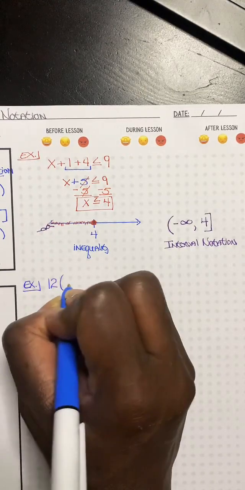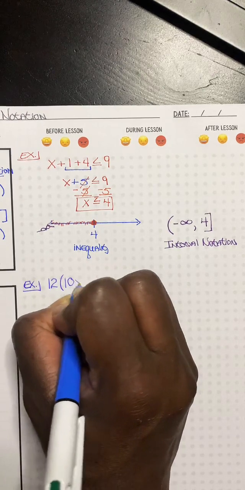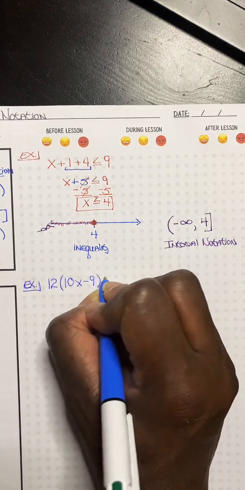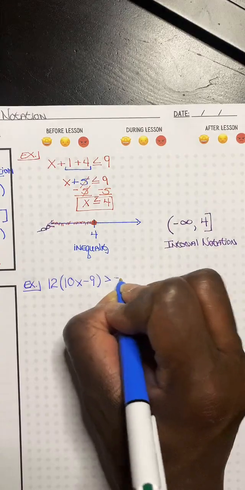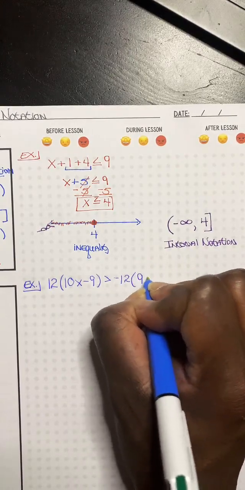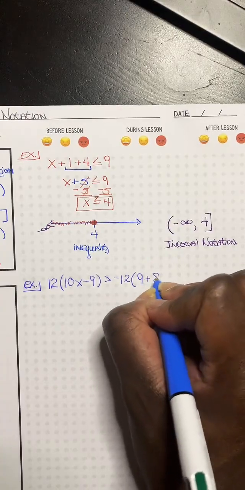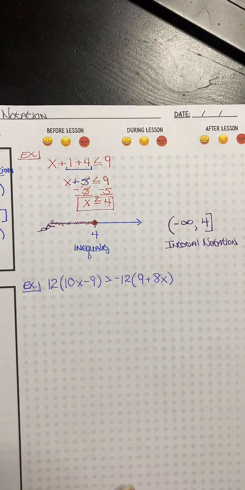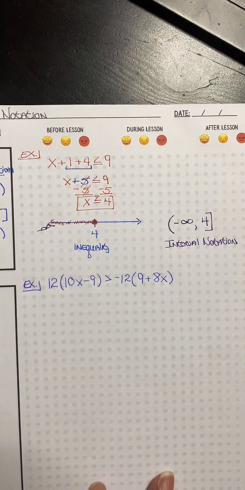That's fine. I'm not going to push it. So we got that. Minus 9 is greater than negative 12 plus 8x.